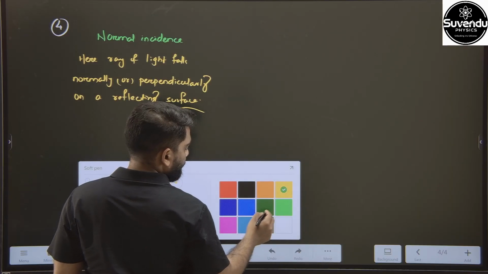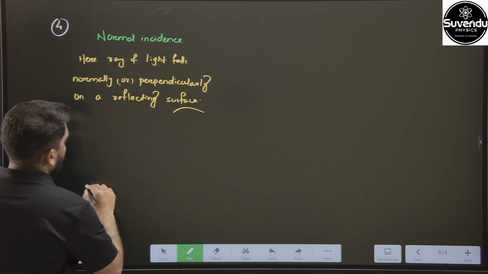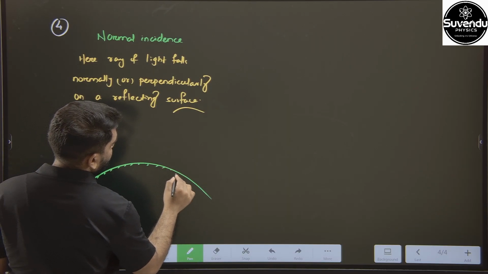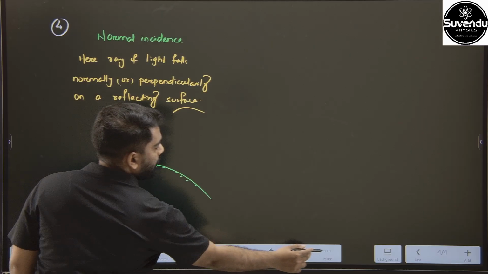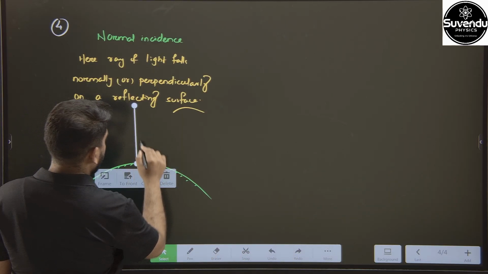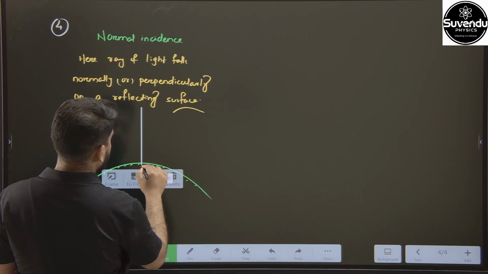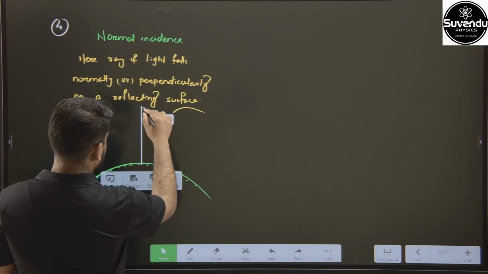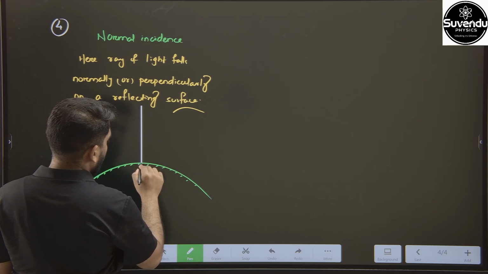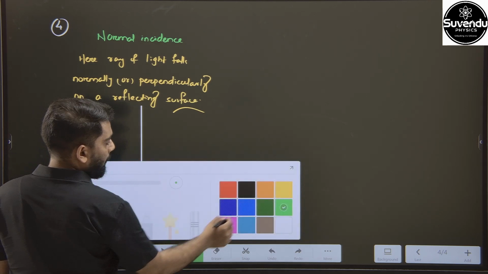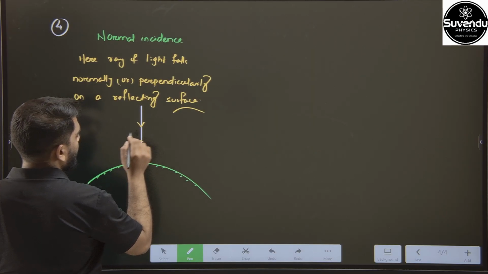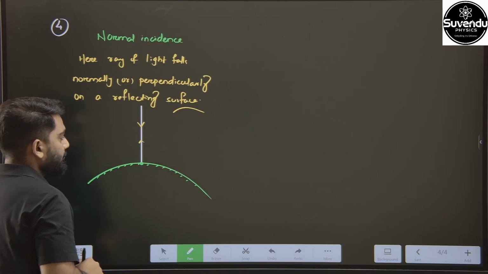देखो, अभी सपोज मैं ले रहा हूं, दिस इज आवर रिफ्लेक्टिंग सरफेस एंड अभी जो डायग्राम में दिखा रहा हूं तुमको, देखो, ये हो गया हमारा पॉइंट ऑफ इंसिडेंस एंड दिस इज इंसिडेंट रे, दिस वन इज रिफ्लेक्टेड. बस.